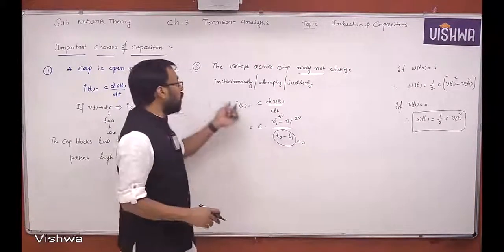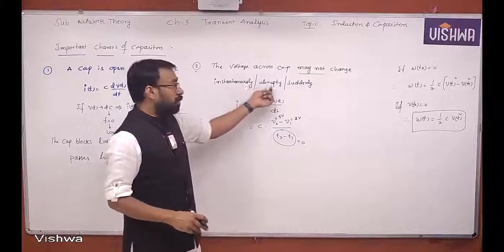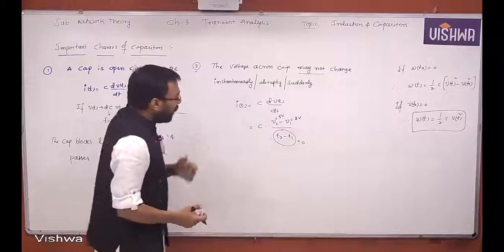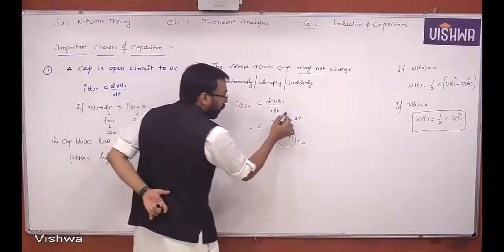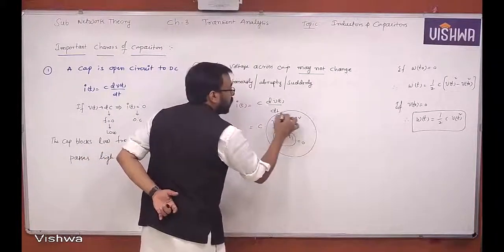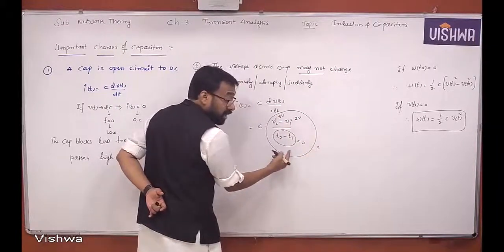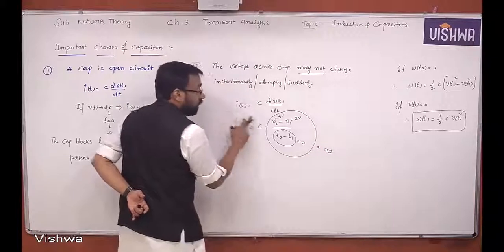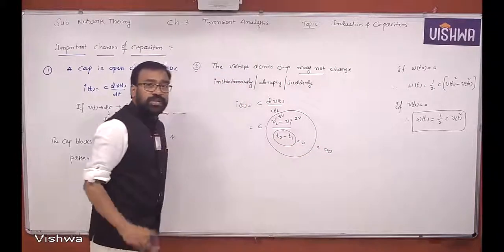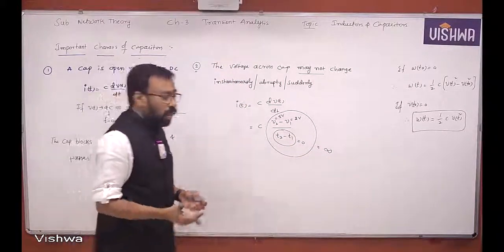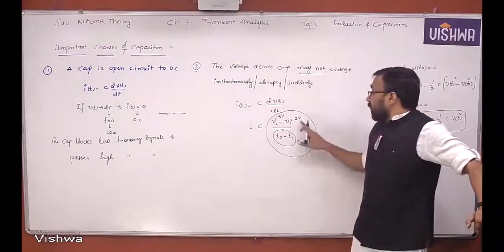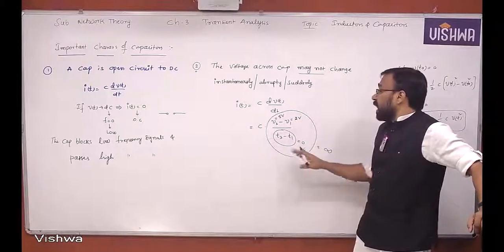Zero time is nothing but instantaneously, abruptly, suddenly, all are the same. So what is happening here? This entire component, because the denominator is becoming 0 here, becomes infinity. That means current is becoming infinity. So what does it mean actually? What is the interpretation of this particular case, when you are trying to change 2 volts to 5 volts in zero time, it becomes infinity?